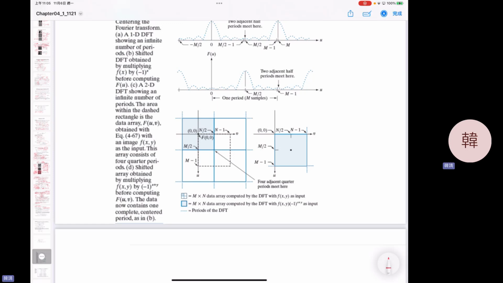How about differentiation? The property of the differentiation. If you take the derivative in the time domain or spatial domain, you perform the derivative operation, which means you want to look at the differences.